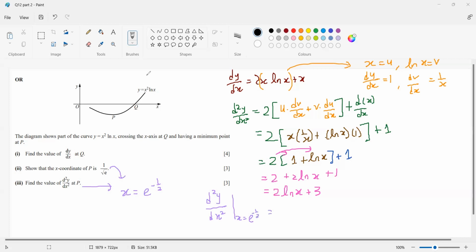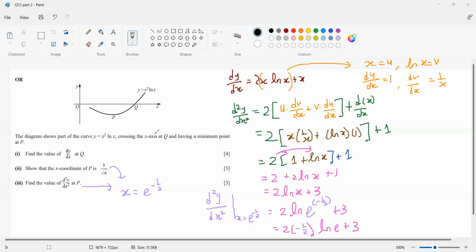This equals 2 of ln, where the value of x is e to the power of -1/2, plus 3. So please take note, ln e like that: the power can move to the front, -1/2, by the logarithm law. Then ln e, plus 3.